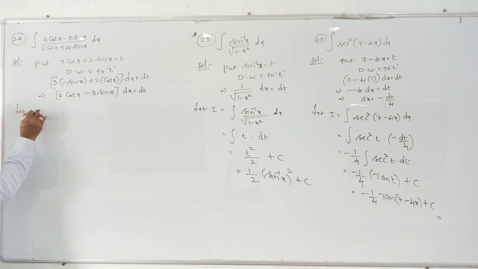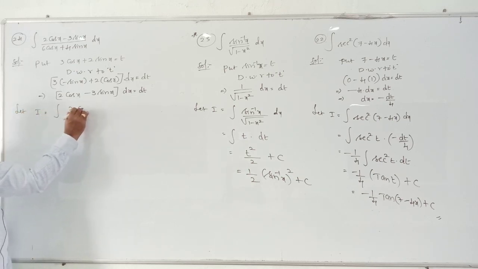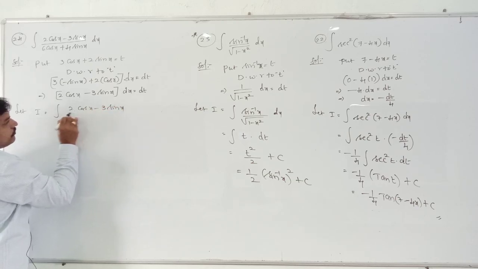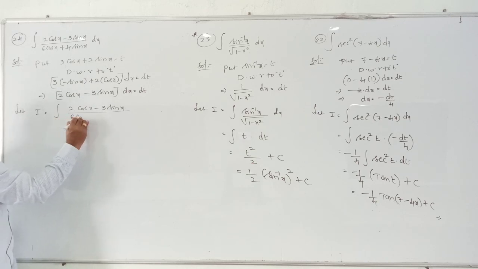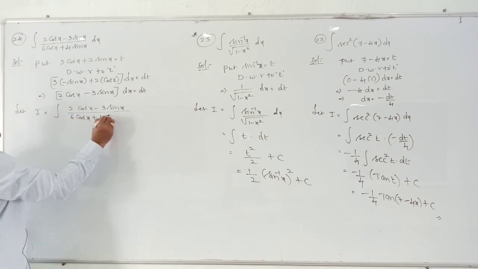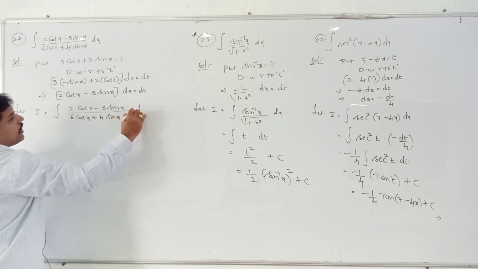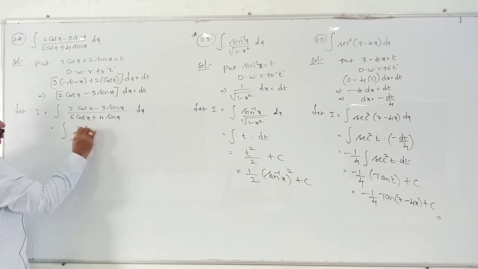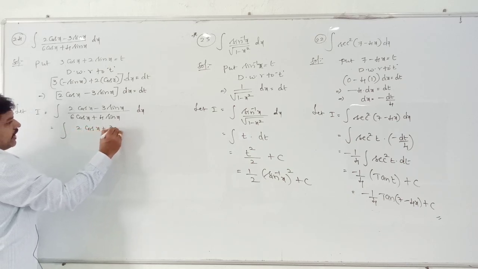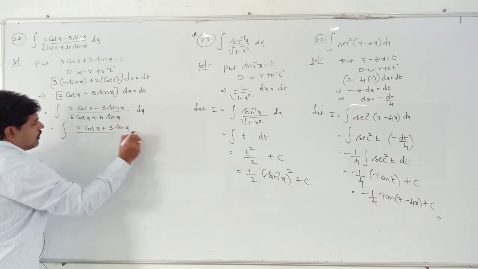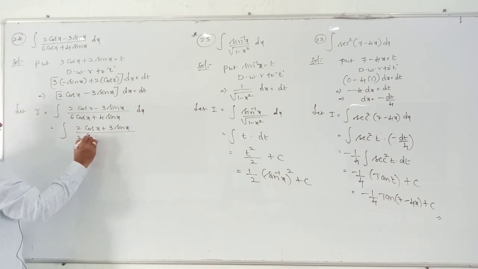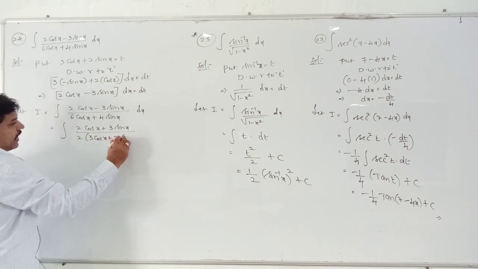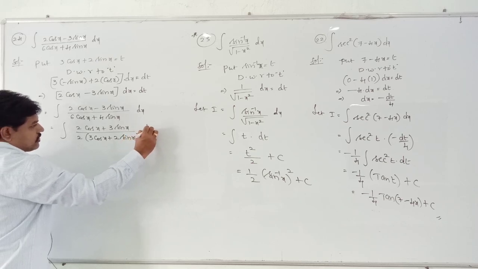Let I is equal to integral of 2 cos x minus 3 sin x by 6 cos x plus 4 sin x into dx. So what I did here: integral of 2 cos x plus 3 sin x by, in the denominator take the 2 common, it will become 3 cos x plus 2 sin x into dx.